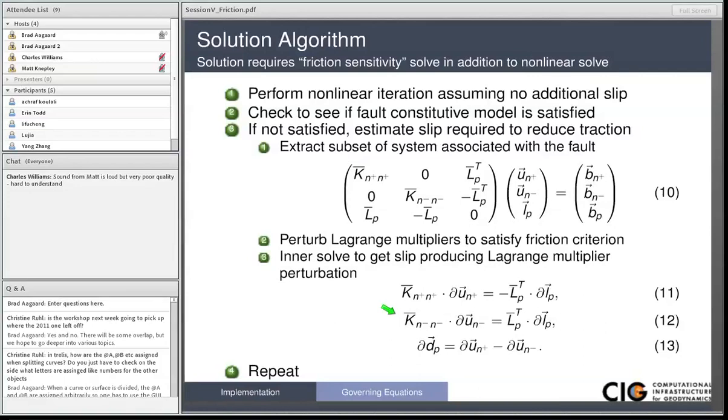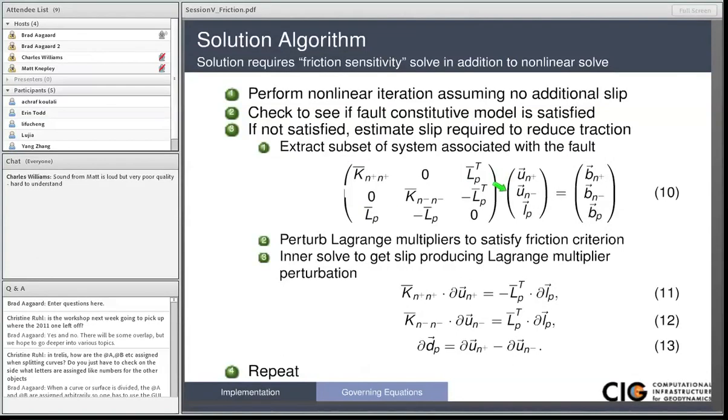we extract a subset of the system associated with the fault. That's this equation 10. So we have a subset of our stiffness matrix. We have the positive side of the fault, the negative side of the fault. Then we have these L terms, these are the pieces of that C and C transpose that we've written out before.